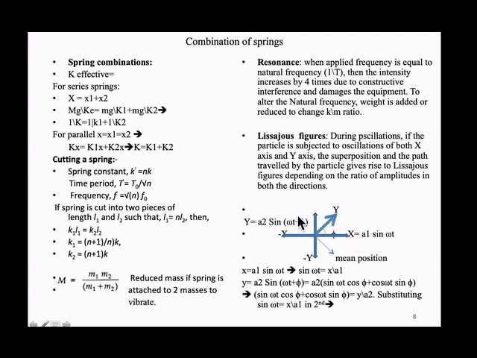So if I add these two at 90 degrees, a2 sin(omega t plus phi) and a1 sin omega t: x is a1 sin omega t, so sin omega t is x by a1. Y is a2 sin(omega t plus phi), using sin(a plus b) equals sin a cos b plus cos a sin b. Here I am replacing sin omega t by x by a1 and cos omega t by root of 1 minus sin squared omega t.